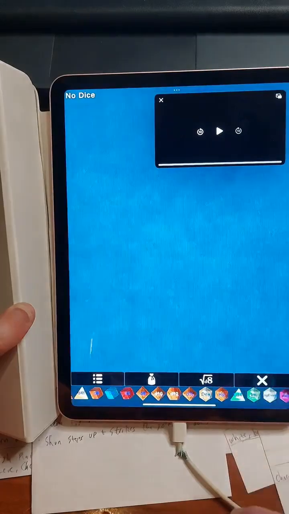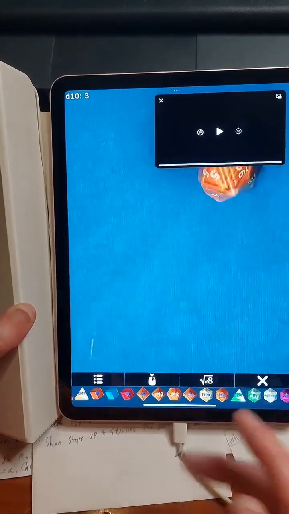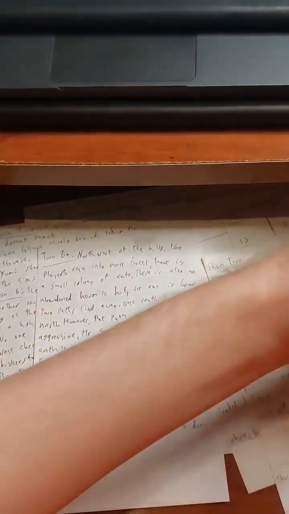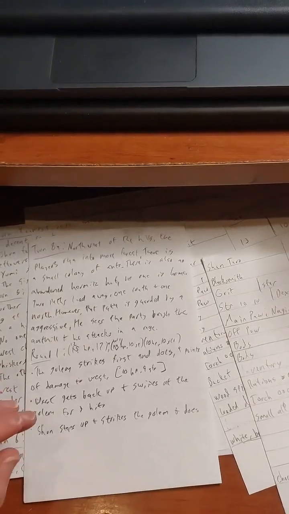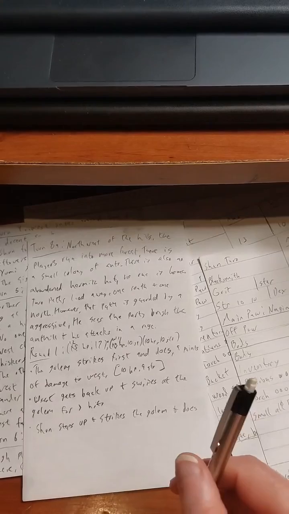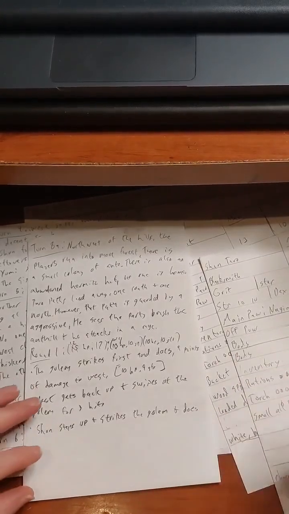No, I was not trying to get out of a bad roll, I was simply trying to show you what I use instead of the physical die, and we still got our 7. So 12 minus 7 is 5, and that leaves us with 5 HP for the golem.